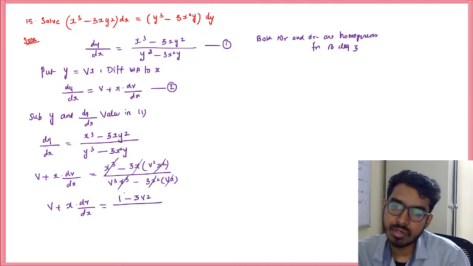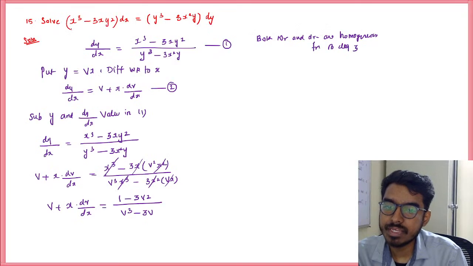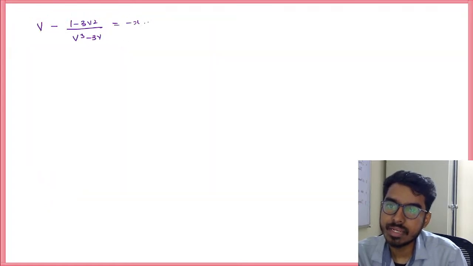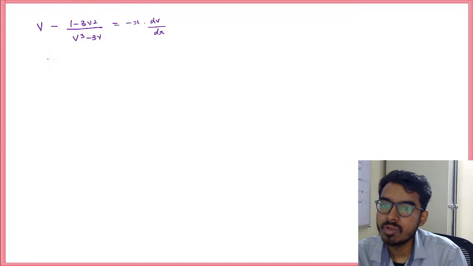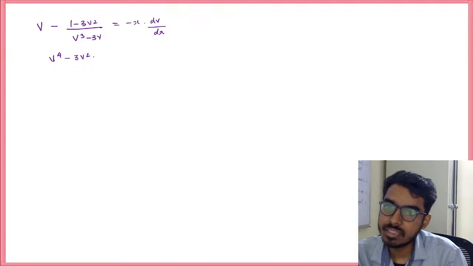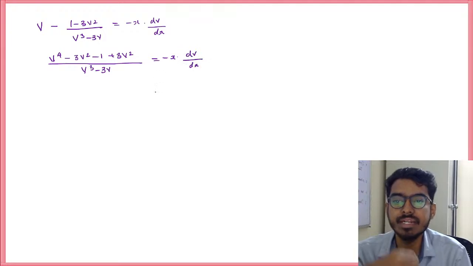So we will have v plus x into dv by dx is equal to 1 minus 3v square divided by v cube minus 3v, right? We have v minus 1 minus 3v square by v cube minus 3v is equal to minus x into dv by dx, right? I'm just taking this term that side, that term this side. Cross multiply this, we will have v power 4 minus 3v square minus 1 plus 3v square divided by v cube minus 3v, minus x into dv by dx, right?